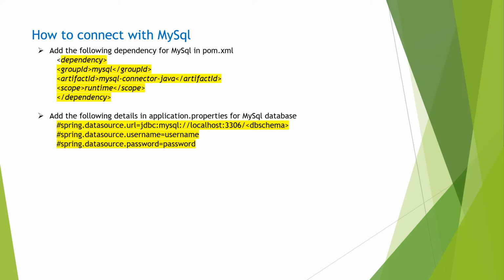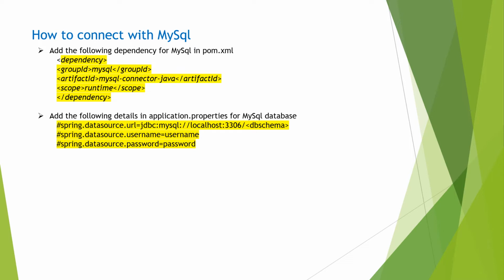Now we have to see the connection with MySQL in our Spring Boot application. If we see the configuration in this slide, only a few things I need to configure in my application, and Spring Boot will do all the remaining things to connect with the database. What do I need to provide?